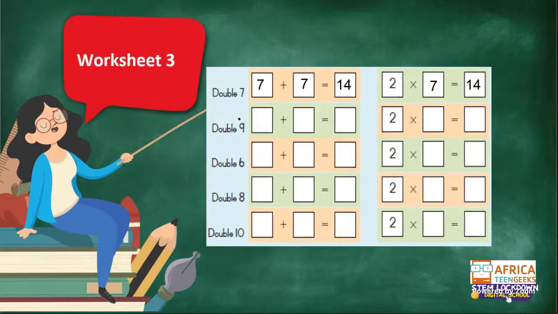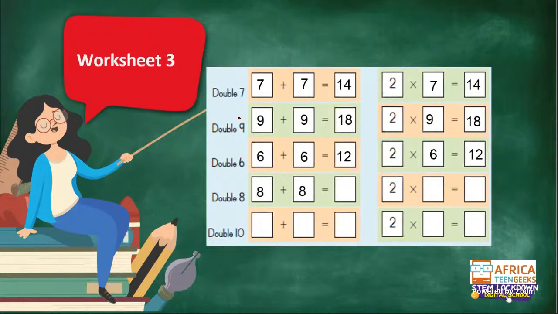Now we are going to double up 9. 9 plus 9, and that equals 18. And the same is 2 times 9 equals 18 as well. Double up 6. 6 plus 6 equals 12. 2 times 6 equals 12 as well. Double up 8.